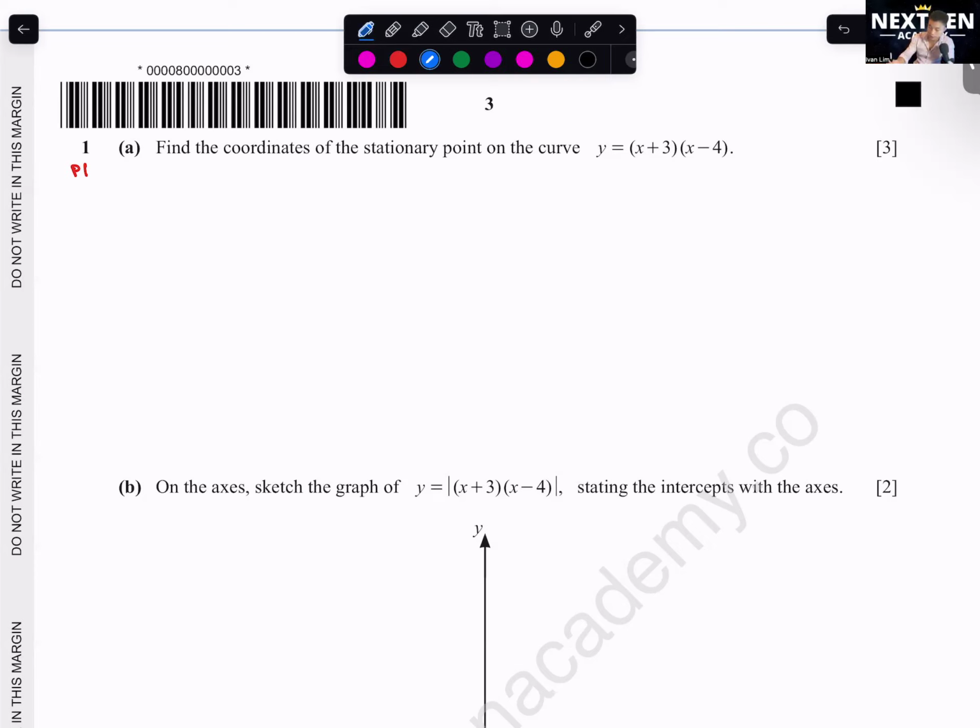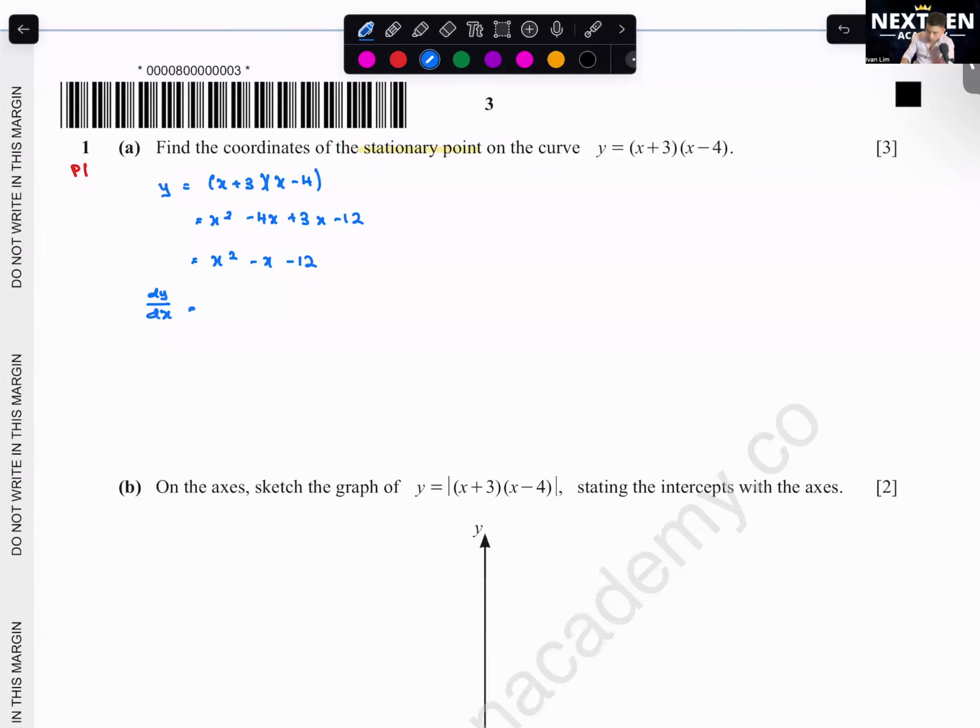Let's open up the bracket first. y equals (x + 3)(x - 4), x squared minus 4x plus 3x minus 12, so x squared minus x minus 12. We want dy/dx equals 0, so let's find dy/dx first.